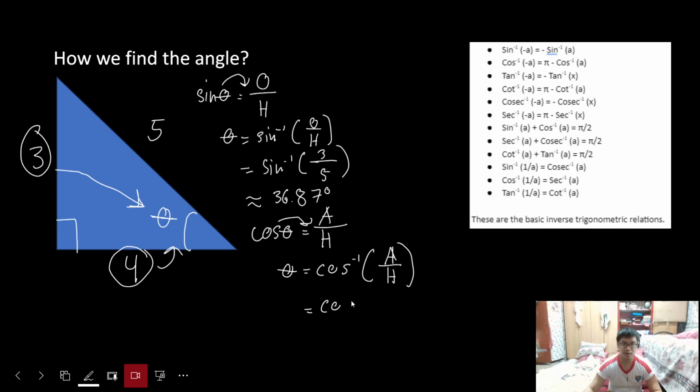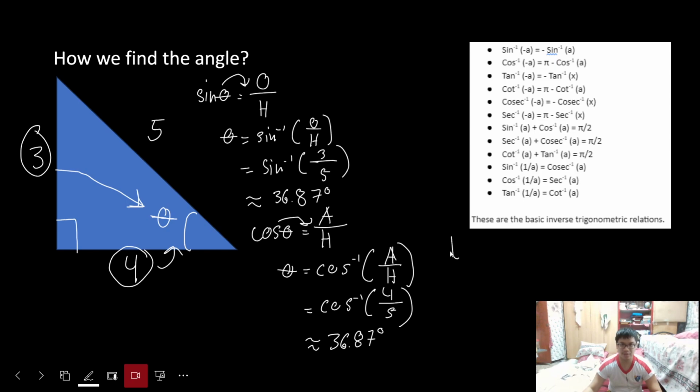So we have arc cosine of 4 over your hypotenuse 5. Arc cosine of 4 over 5 will also give you approximately 36.87 degrees. Okay? So you see, so far they're the same.